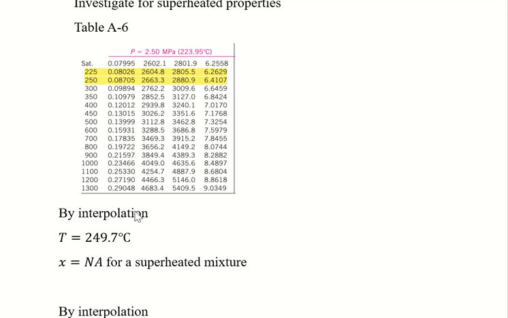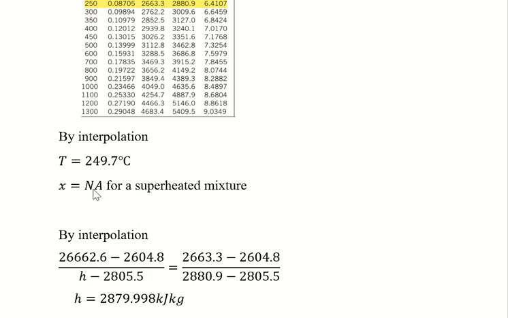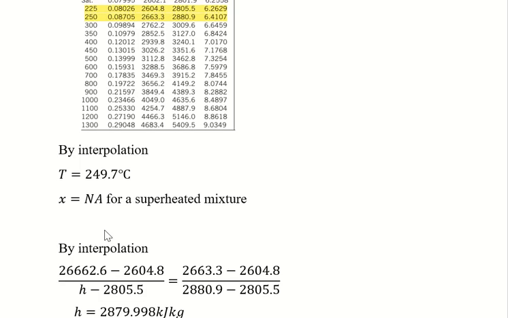Again, the quality concept is not applicable for a superheated mixture. So we're going to find the specific enthalpy, and we also do it by interpolation. This is enthalpy right here, and the value lies in between here. So you subtract this from this, and whatever value here from this, you equate this value minus this, and whatever value you put here minus this.